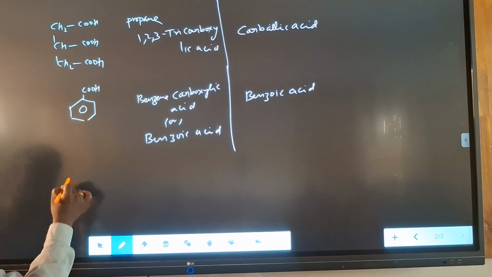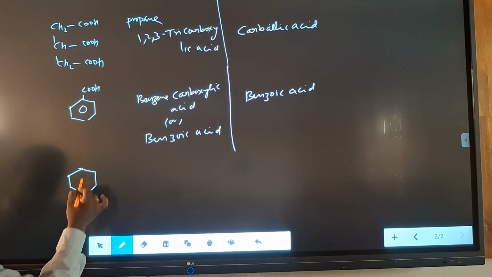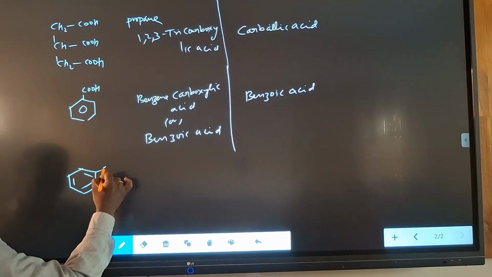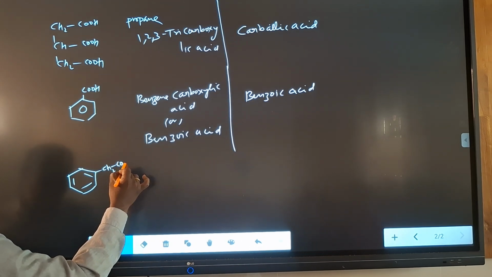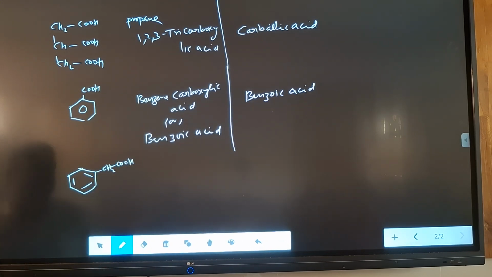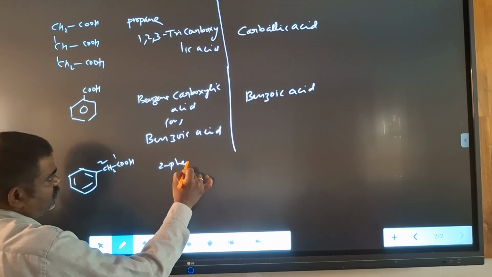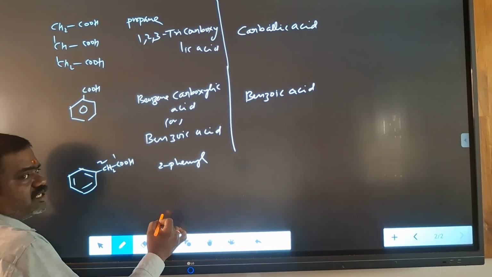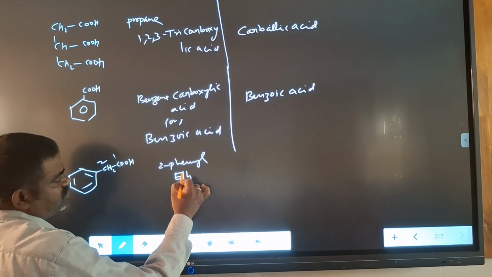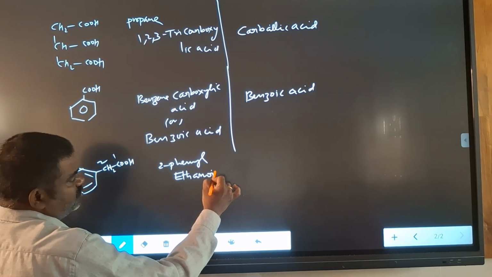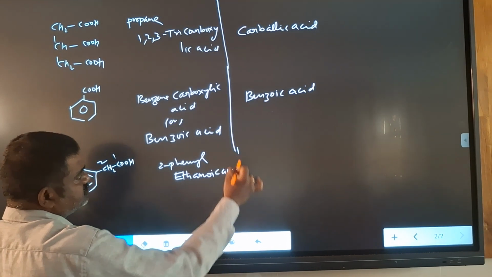Next chart. It is CH2 COOH on benzene. What is the IUPAC name? It is 2-phenyl ethanoic acid.